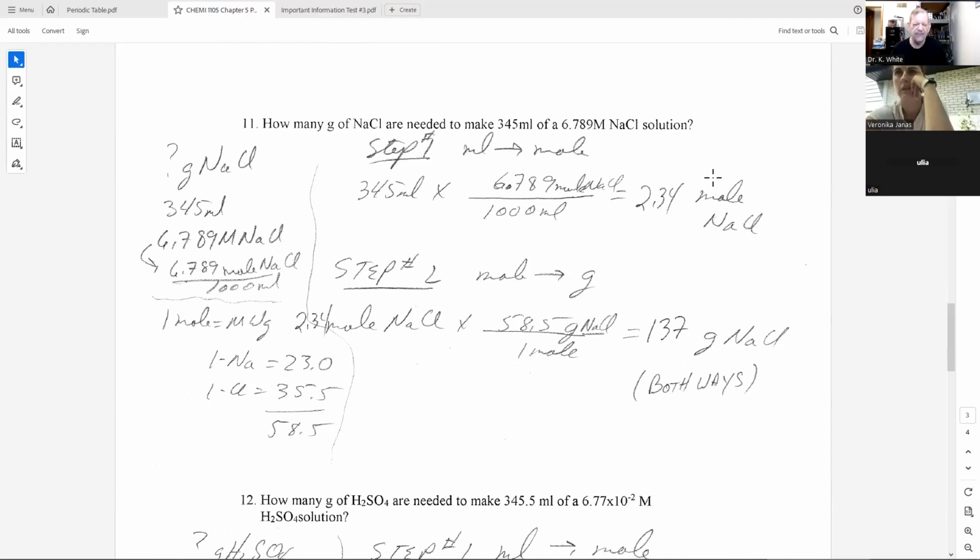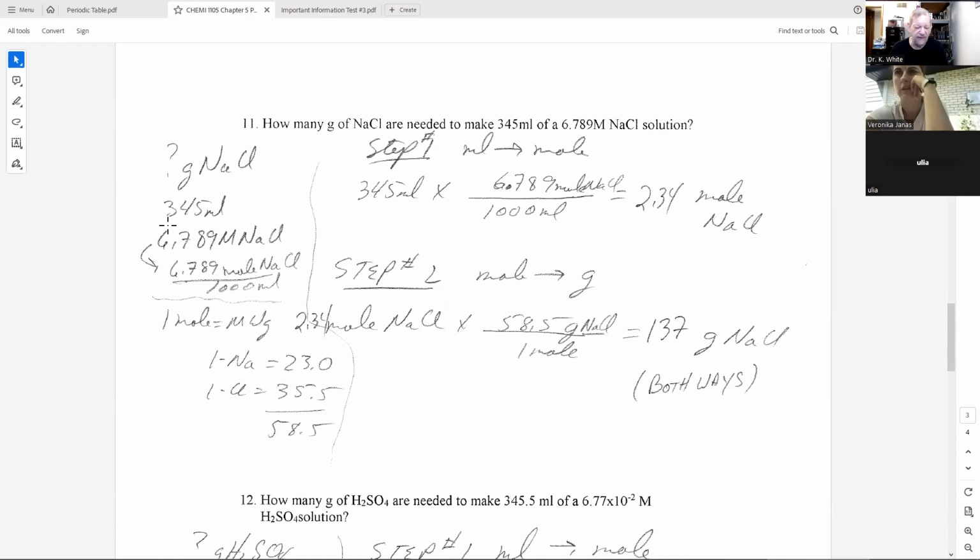Let's look at number 11. How many grams, and g is grams, of NaCl are needed to make 345 milliliters of a 6.789 capital M NaCl solution? So what are we being asked to find? How many grams of sodium chloride?